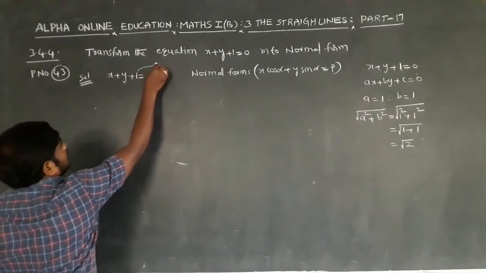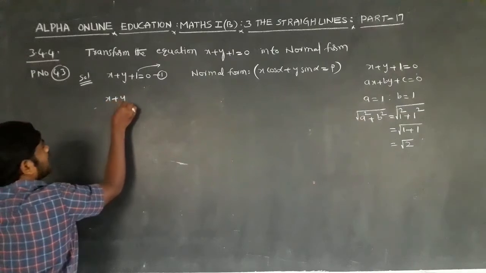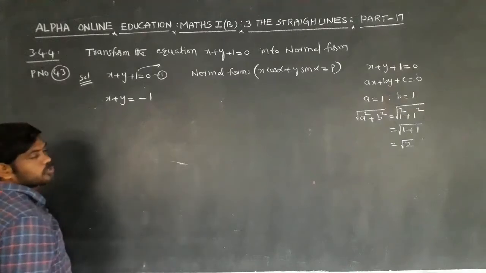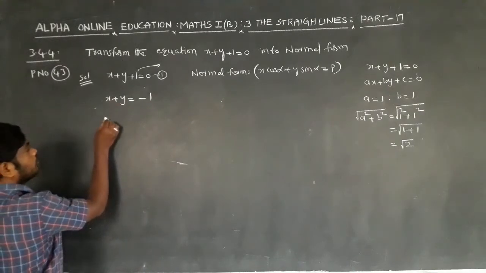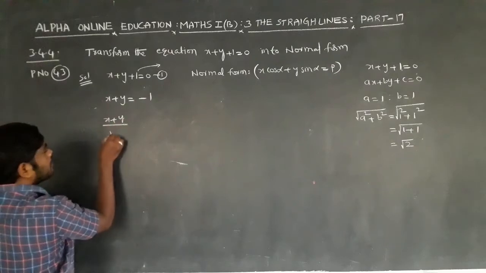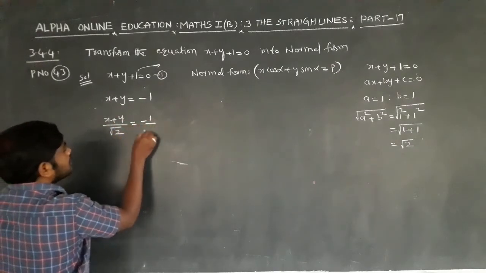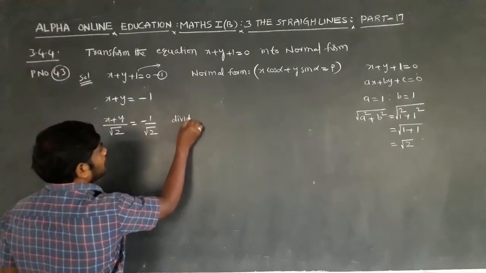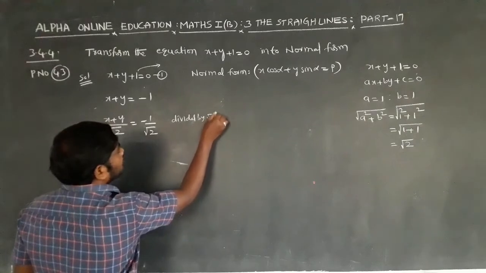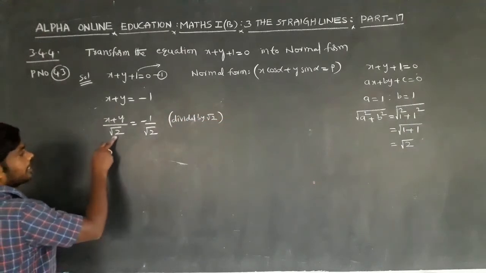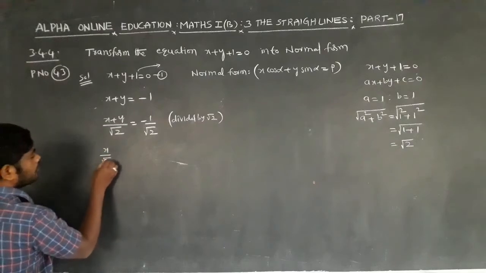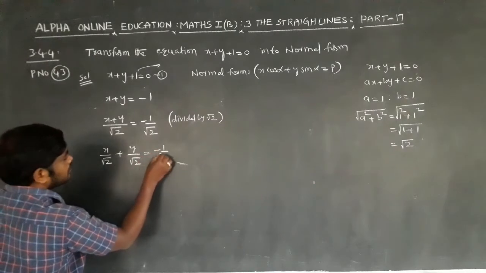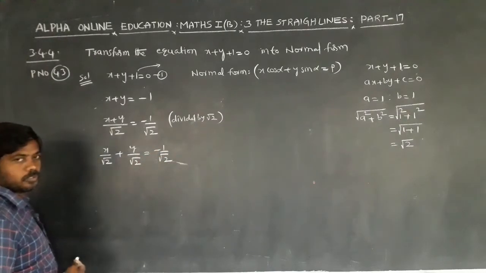First of all, taking the constant to the right side, x plus y is equal to minus 1. Dividing both sides by root 2, x by root 2 plus y by root 2 is equal to minus 1 by root 2.